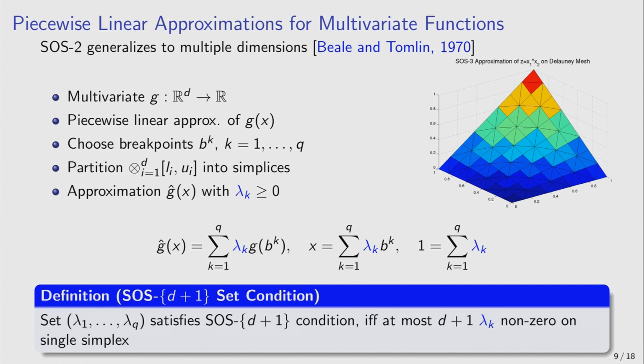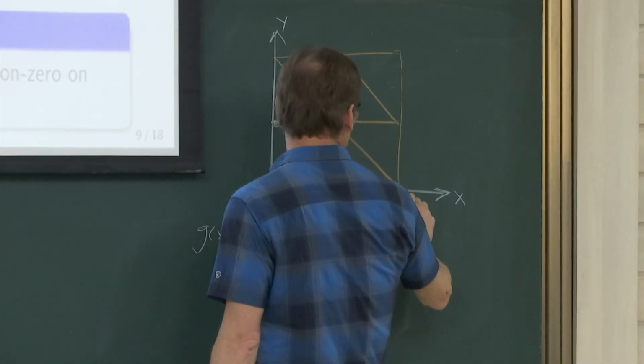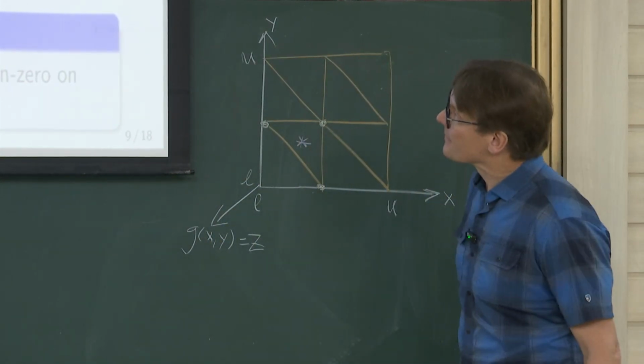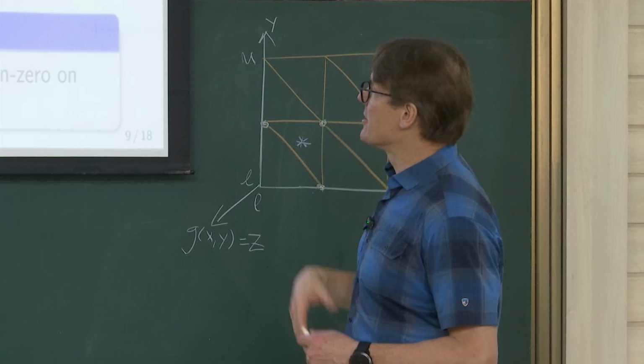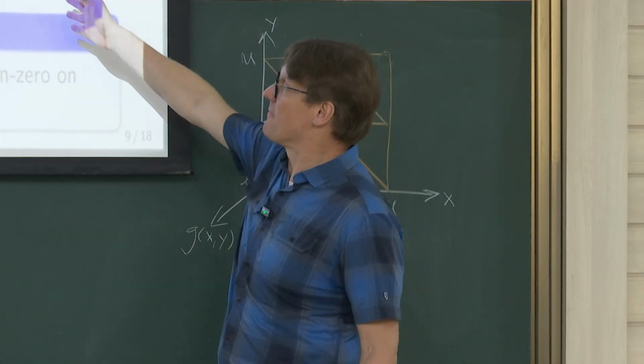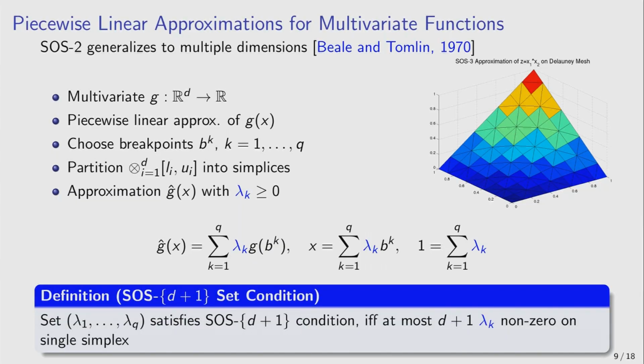So there's a lower bound here, and an upper bound, and another lower bound, and another upper bound. And we're going to approximate g of x in the same way. This is exactly the same formula that I had previously for the special ordered set of type 2. So nothing has changed, except these guys are now vectors. So this is now a vector, and x is a vector because we're in R2 or in R3. But it's the same principle.